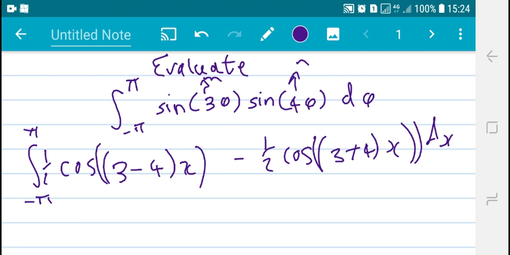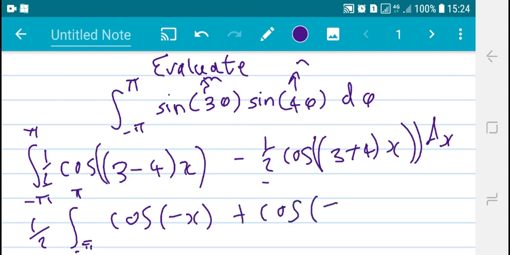So I could just take the half outside, factoring a half out, since both these terms are a half. Negative pi to pi. And then, okay, this is 3 minus 4 is cosine of minus x. And then again we have 3 plus 4, which is just cosine of 7x dx.